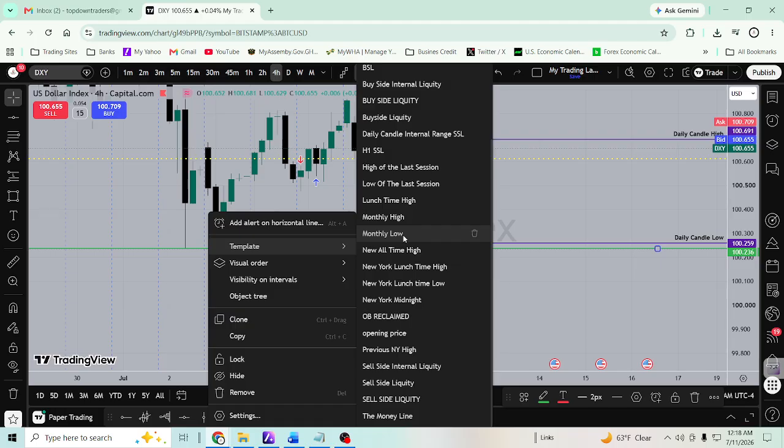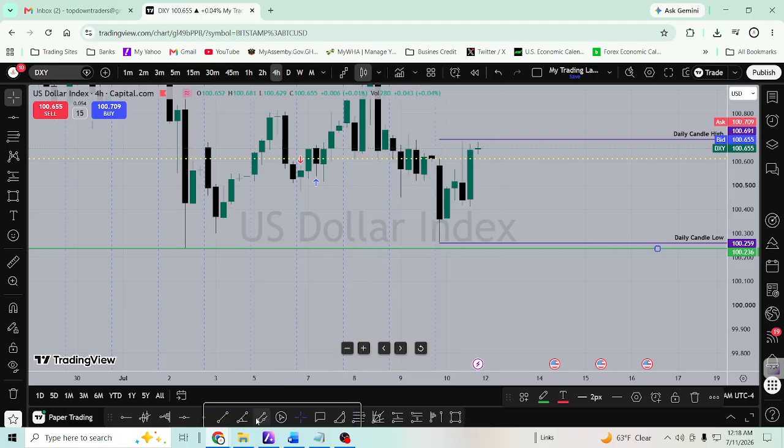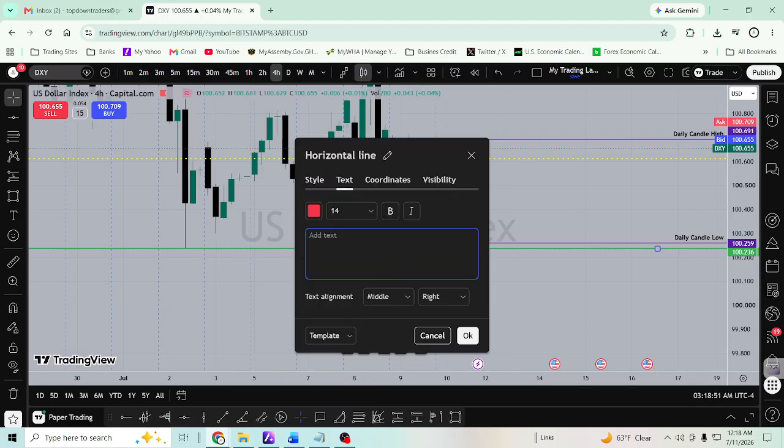Okay, I don't have it here, so it's in my other platform. So let's go ahead and create this. Relatively equal lows slash highs. Sometimes this is also going to be called resistance.